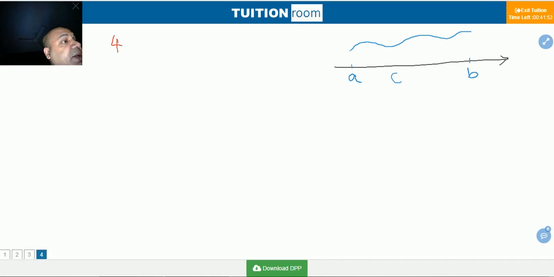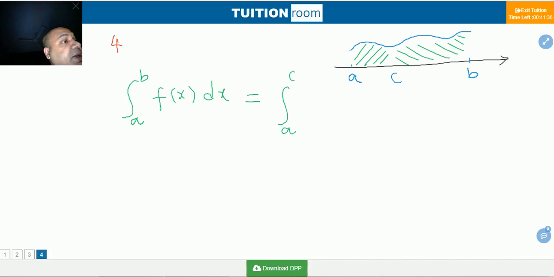We can break this area into two parts. Hence, we can directly find the complete area from this integral, integrating from a to b, or we integrate from a to c, then from c to b. This is another important property of the definite integral.